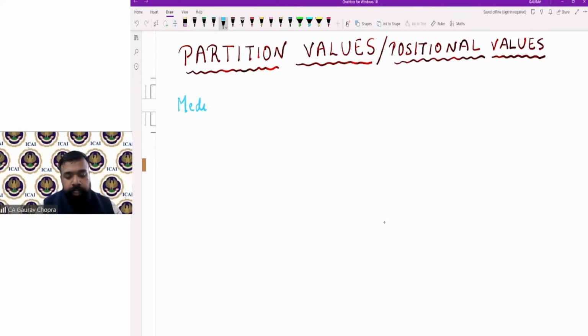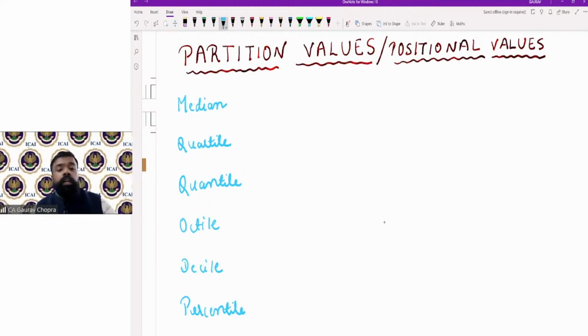Then next one is quartile, then quantile, octile, decile, and percentile. So all these are commonly known as partition values or positional values.